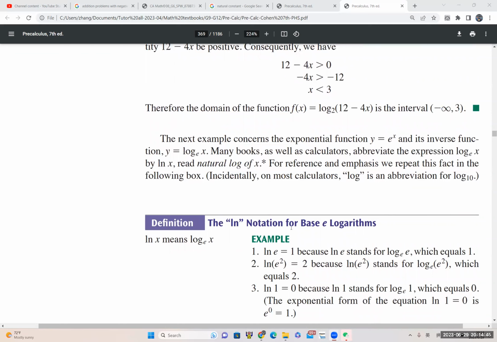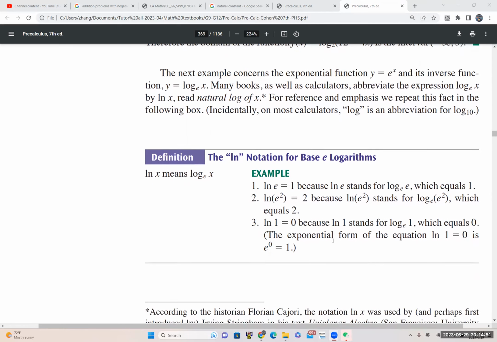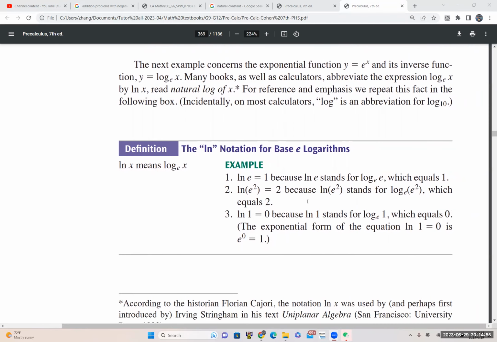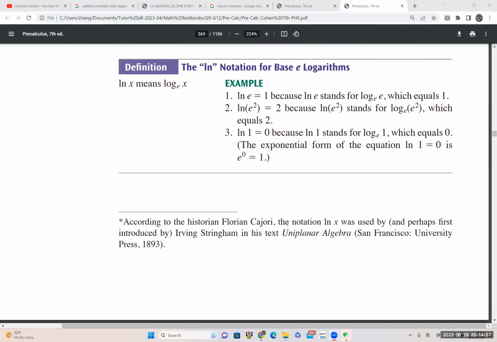Now, ln is the notation for base e. Why do they use this? Let's see. I think they still have not explained why they use ln.